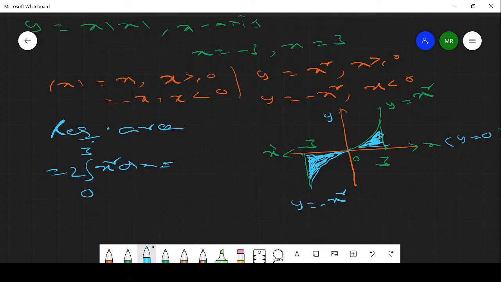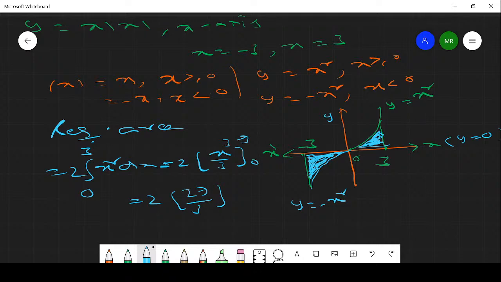So 2 into x cube by 3, with limits 0 to 3. Substitute the upper limit, we get 27 by 3, which is 9. Then you will get 18 square units.